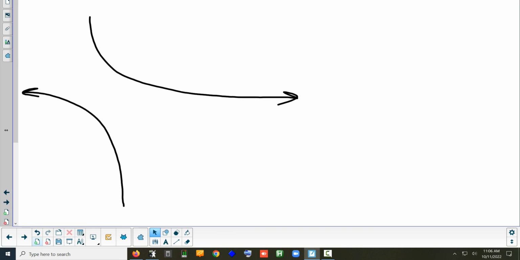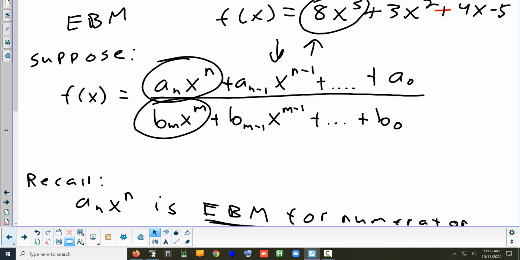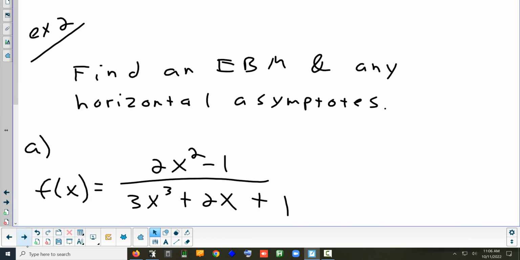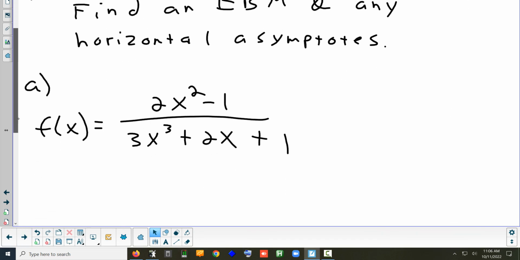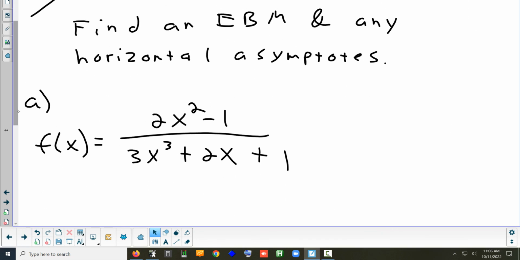It's usually the same on the left as on the right. All right, so eventually I want to figure out what this is going to level off to. But to do that, I will find the EBM.